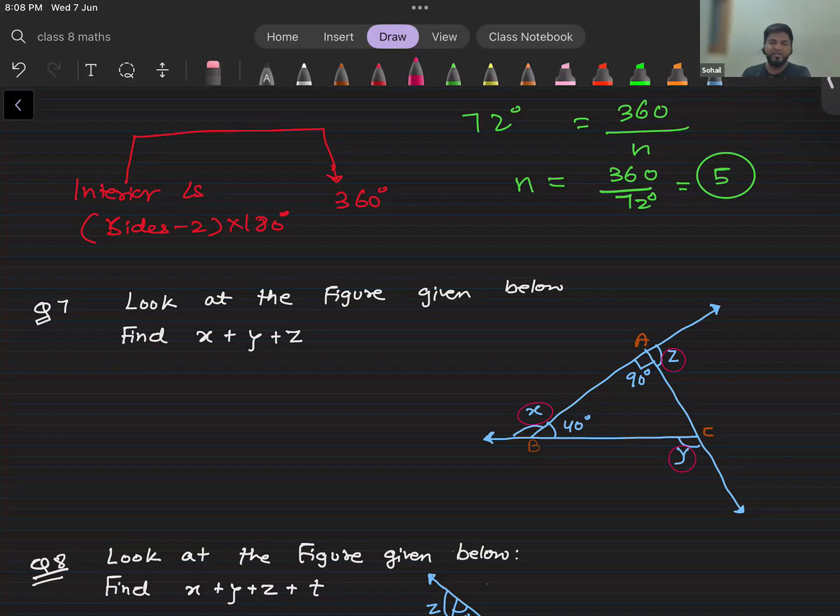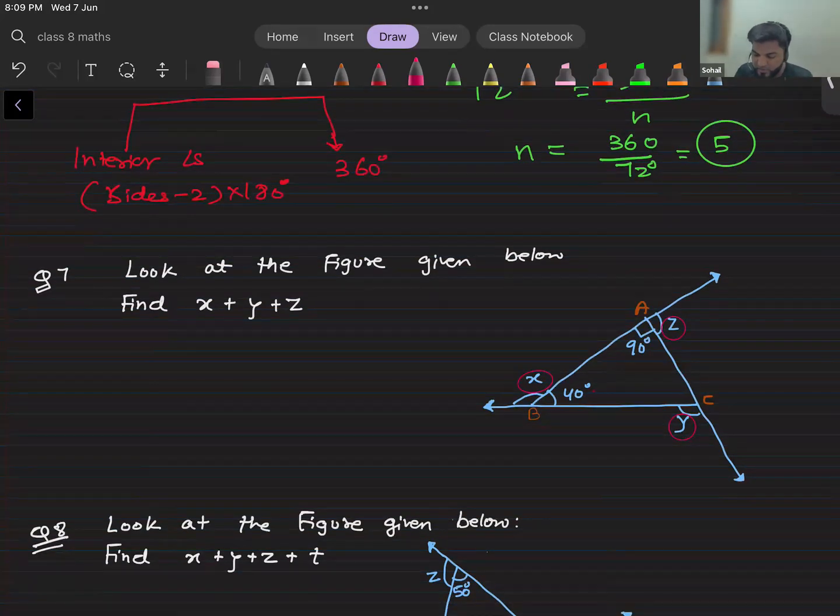And as I say, the sum of all the exterior angles of any given polygon is equal to 360 degree. We can actually check that also here. Look, if this is 40 here, what is x going to be? Is it not going to be 140 degree?